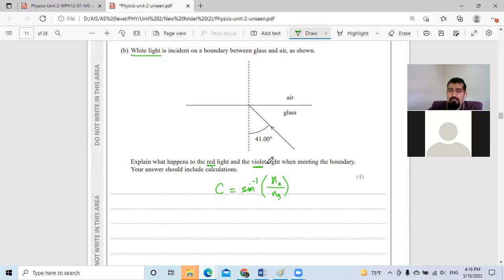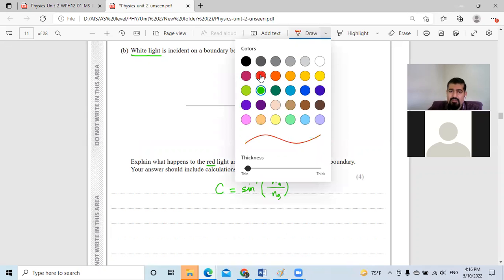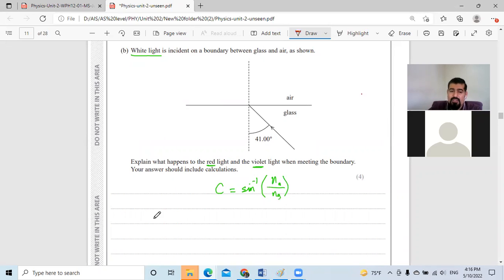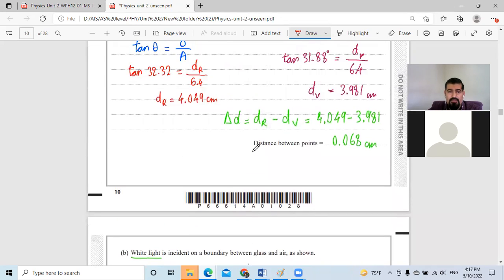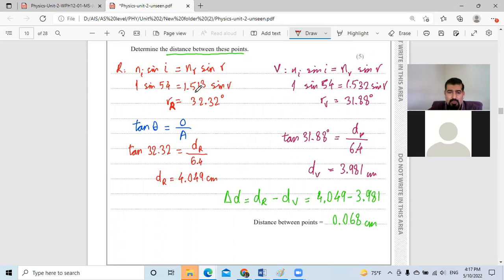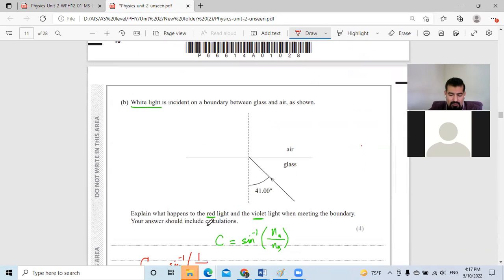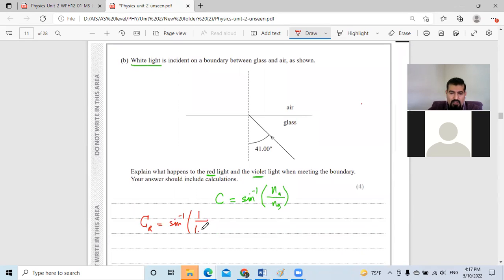I'm going to use this twice, once for red and once for violet, and I'm going to tell them what will happen for each one. So critical angle for red light equals sine inverse of 1 over the refractive index for the red, which is 1.513, and the angle is how much?